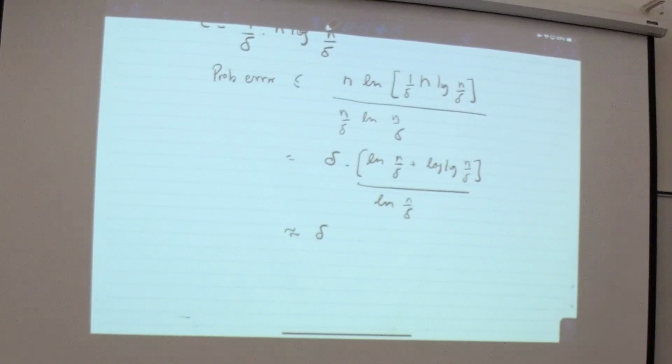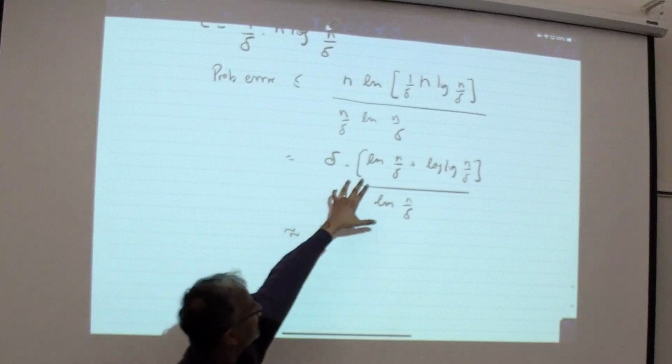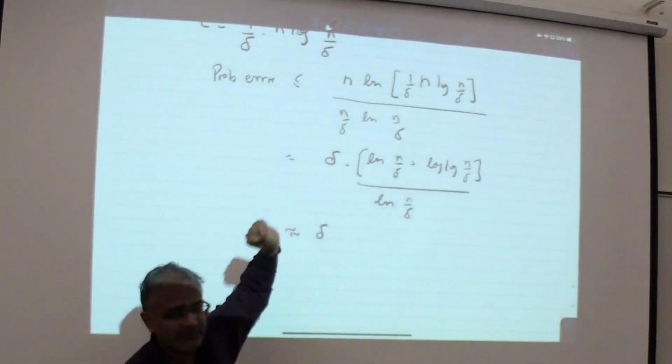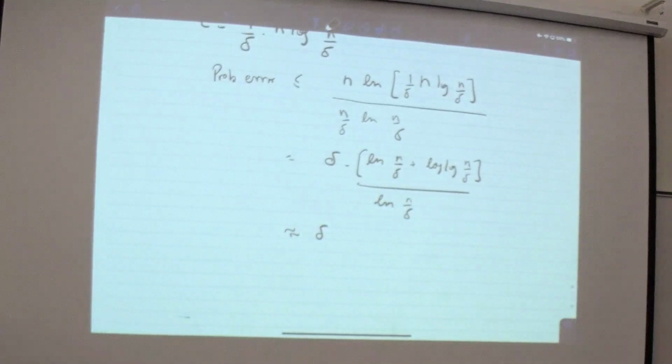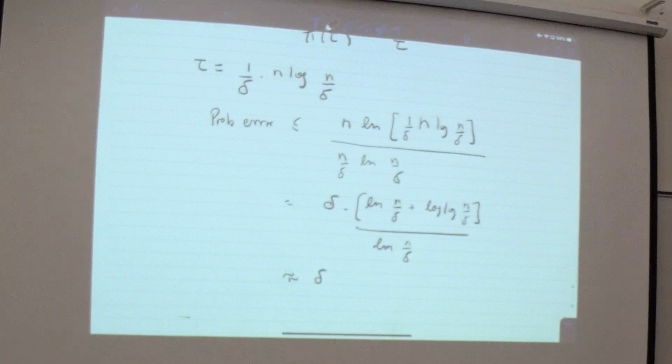Think about this expression here. As delta gets very, very small, basically this term dominates that term, and this becomes 1. Some of these things you have to tweak the choice a little bit. So the way I would look at this expression here, I'm going to copy this out here.